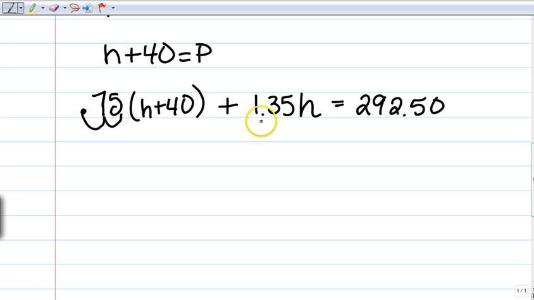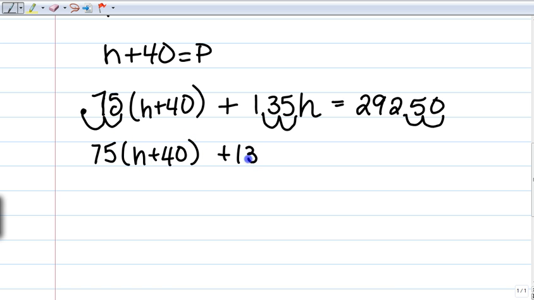Now, when you're working with these problems, it's easier if you get rid of that decimal point. So as long as you move the decimal point over twice for all three parts, you should get the same answer. And it's easier to solve for this when you don't have the decimal points to worry about.